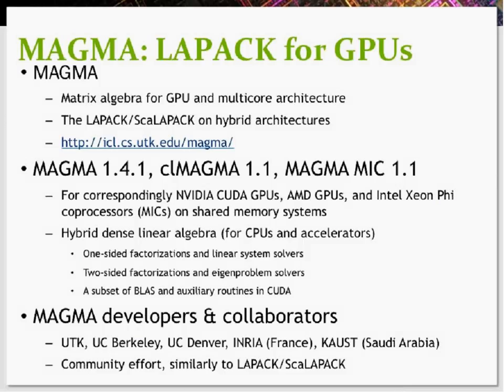So moving forward, as I mentioned, we have to redesign these algorithms, and in particular the redesign of LAPACK that we're planning now for GPUs is MAGMA. It stands for Matrix Algebra on GPU and Multicore Architectures, and it is LAPACK on hybrid architectures. This is the concept of the library.